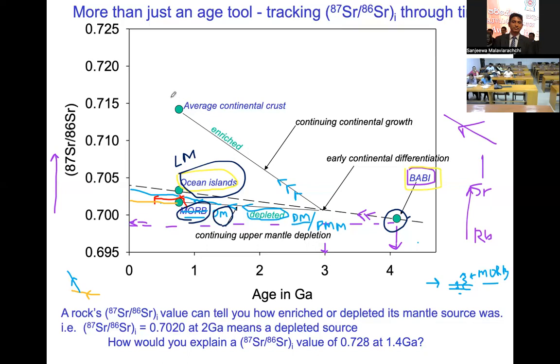Okay, then the other reservoir we have is continental crust. This is average continental crust, because continental crust can be divided into two, upper crust and lower crust, right? Upper crust we denote as UCC, and lower continental crust we denote as LCC.